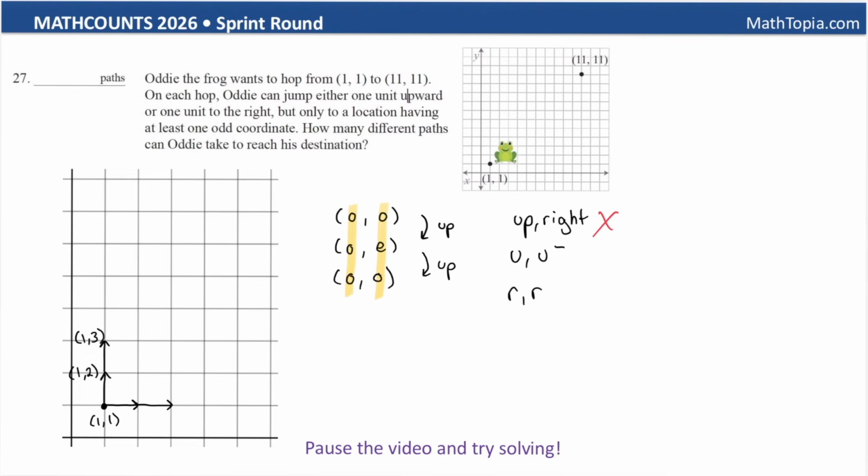So this right here is good. This is what he can do. So now for the total amount of ups and rights that Audie has to move, he has to end up moving up 10 times. So up 10 times, and then right 10 times as well.